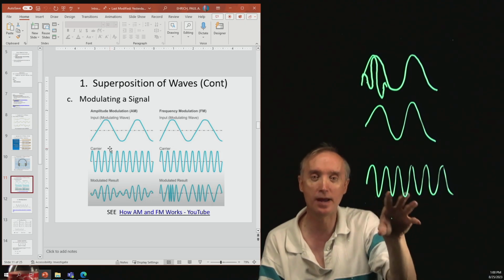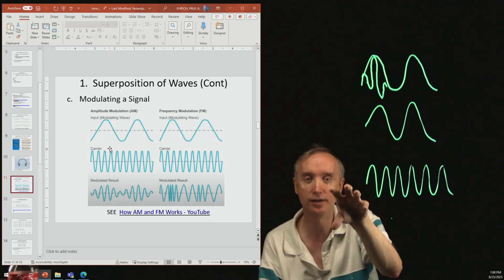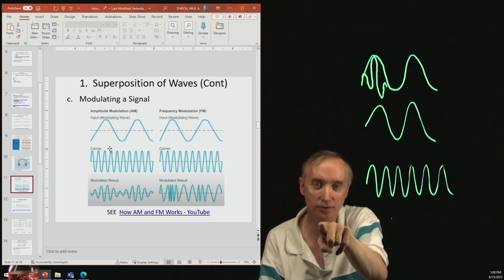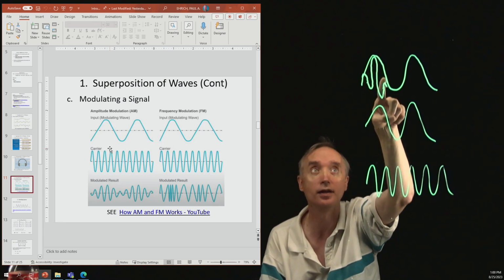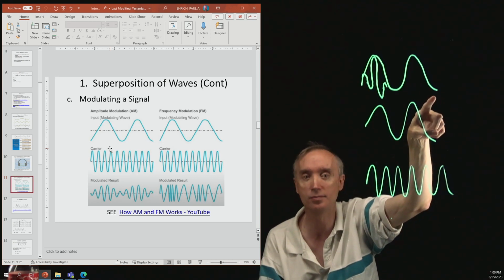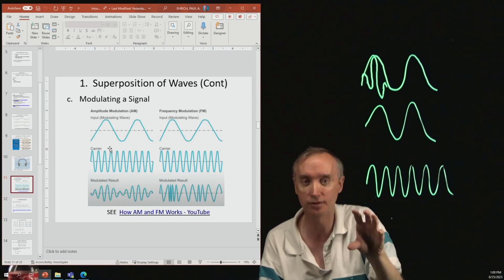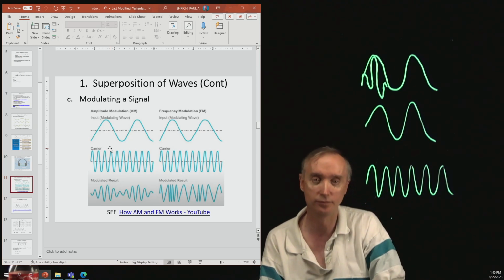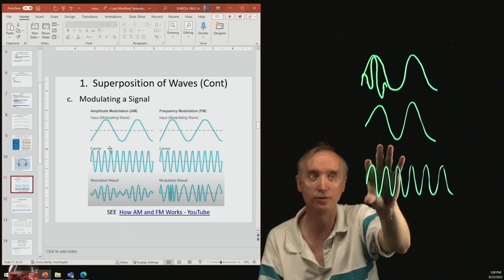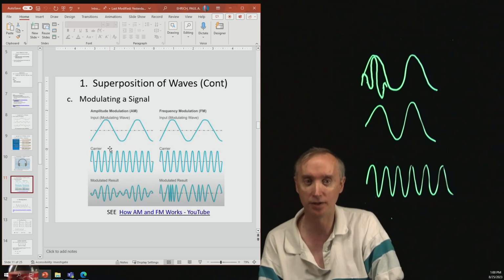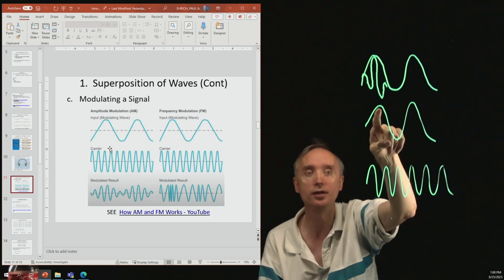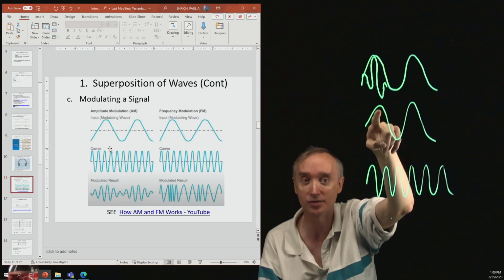All right, now let's go back to the amplitude modulated. So do you notice that the amplitude on the bottom picture is changing? It's getting big and then it gets small, it gets big and it gets small again. The amplitude is changing. But look at the FM. The FM is uniform. So the amplitude is not changing. But can you see something? Notice that when this one here is at its maximum, look at what the frequency does.